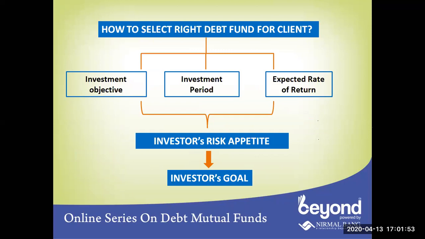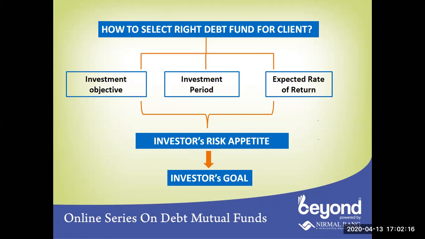Now we will understand how to select the right debt fund for clients. I have tried to show it in a very simple pictorial way. The first is the investment objective. If a client would like to invest in debt mutual funds, what is the basic objective?